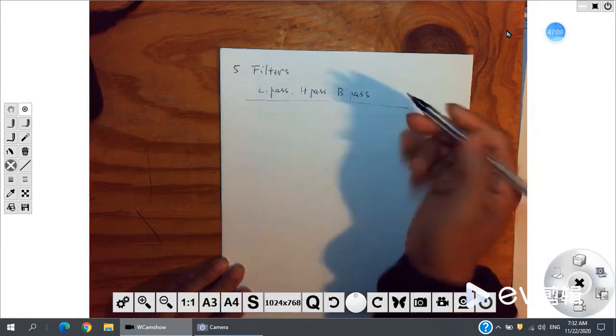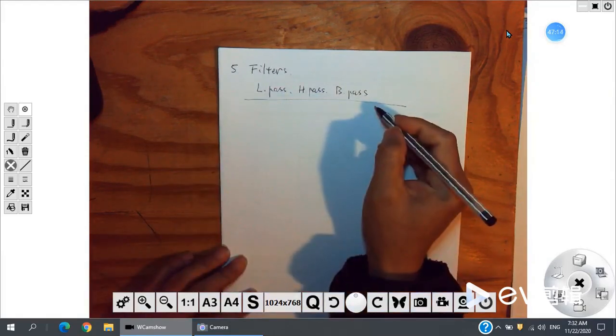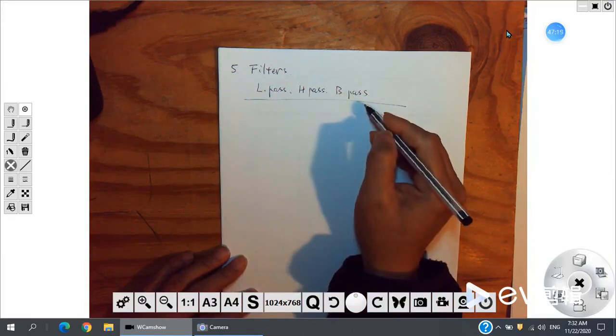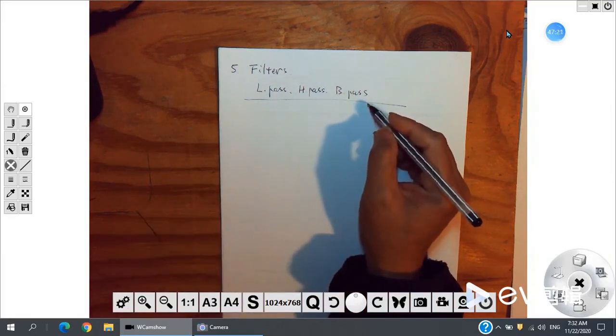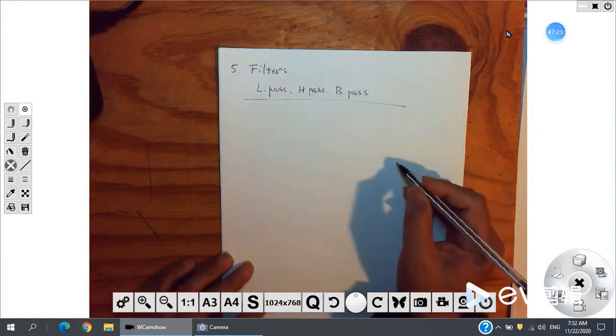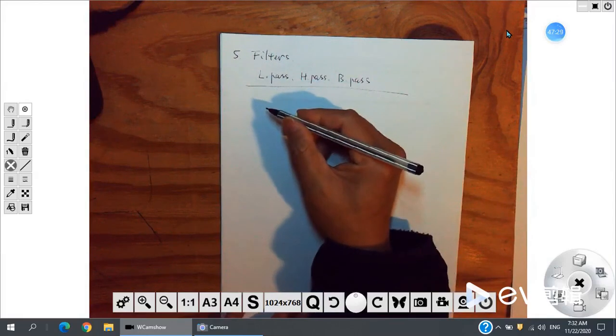These are very basic. Actually, do we have any problem related with this kind of filters? No, but we have this in the lab, right? In the lab, you should know how to do this. And then we consider several different kinds of filters.